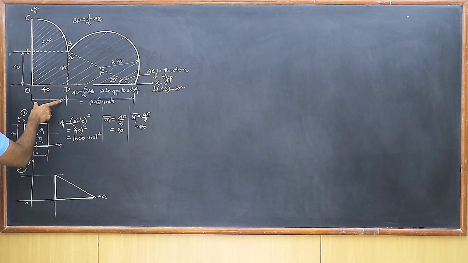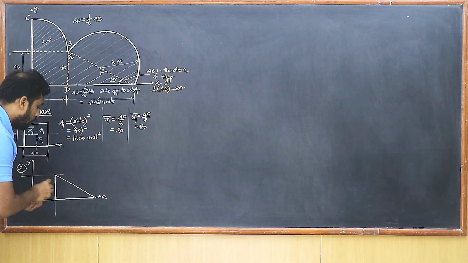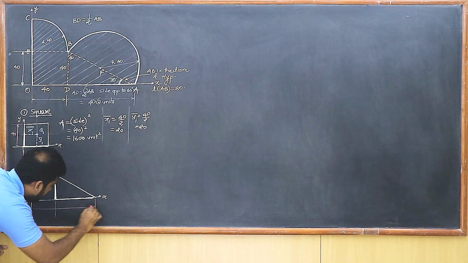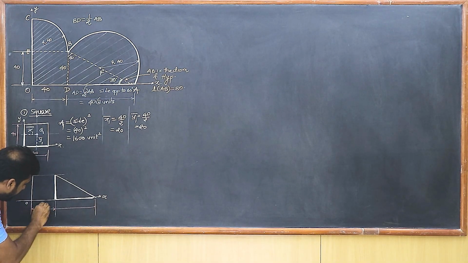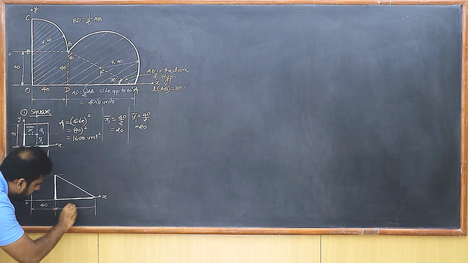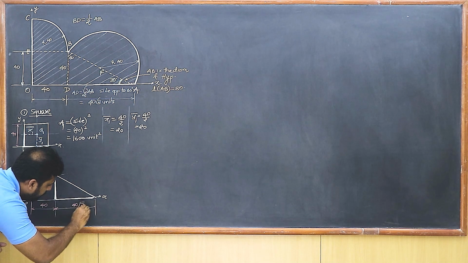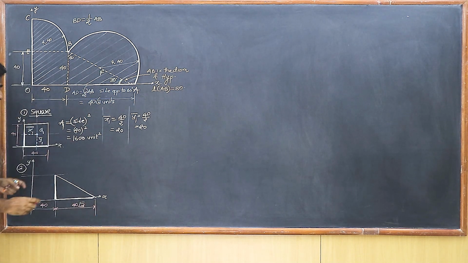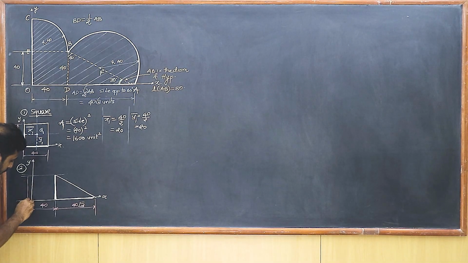So you can observe it is placed at a distance of 40. So let's mark the distances over here. So I can say that this length is 40 and this length is 40 root 3, isn't it? Now this vertical distance is also 40.